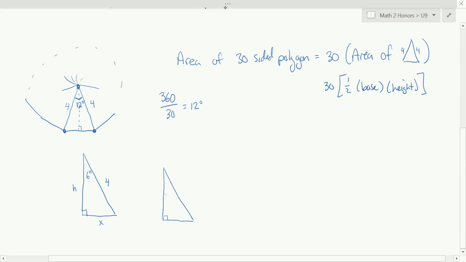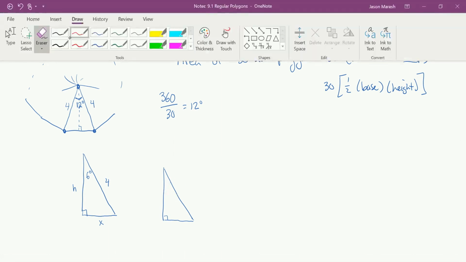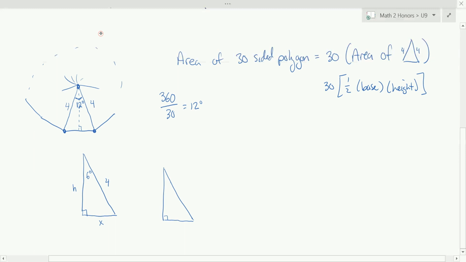But it's just scaled down to a hypotenuse of 1. So this is still 6 degrees here, hypotenuse is 1. And what we said, when you have a right triangle with a hypotenuse of 1, the side across from the angle is the sine of that angle, and then the adjacent side is the cosine of that angle. And then these are similar, so you can set up proportions. For example, if I want h, I could say h over 4 is equal to cosine over 1.